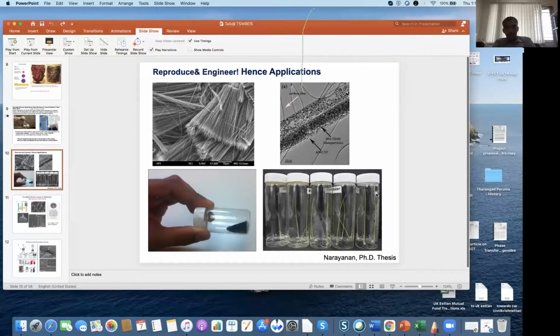They wanted to reduce the transformer size, which is so big partly because of the oils used inside for thermal management, to bring down the temperature or to uniformize it. So they wanted to bring down the size.